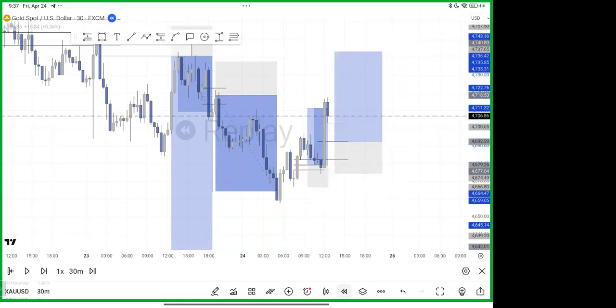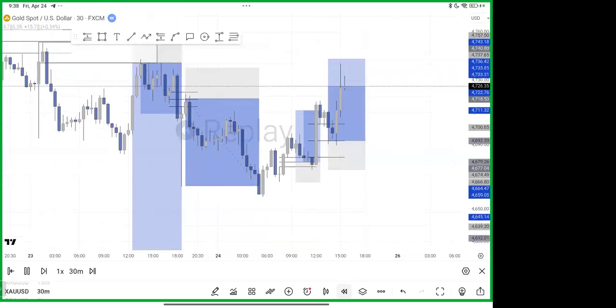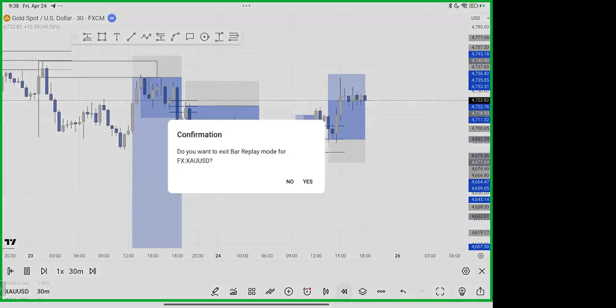To 2.84. So I think this is the recent whatever that is playing out.